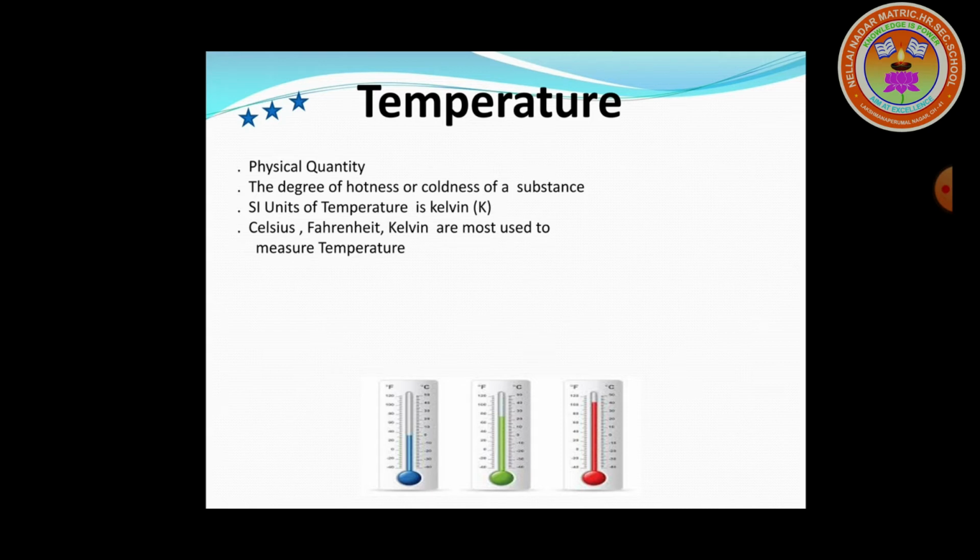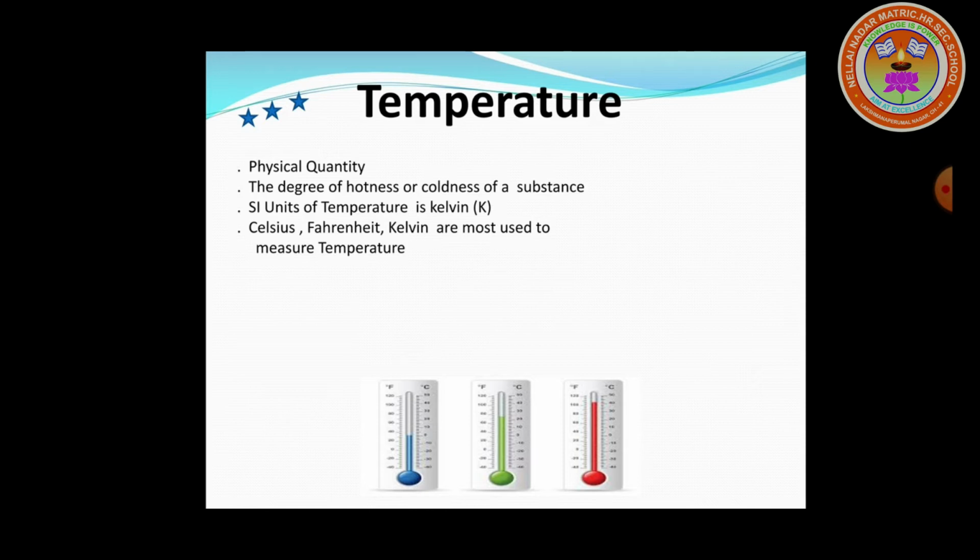So Celsius, Fahrenheit and Kelvin are the most commonly used scales to measure temperature. Which instrument is used to measure temperature directly? Yes, the thermometer is used.